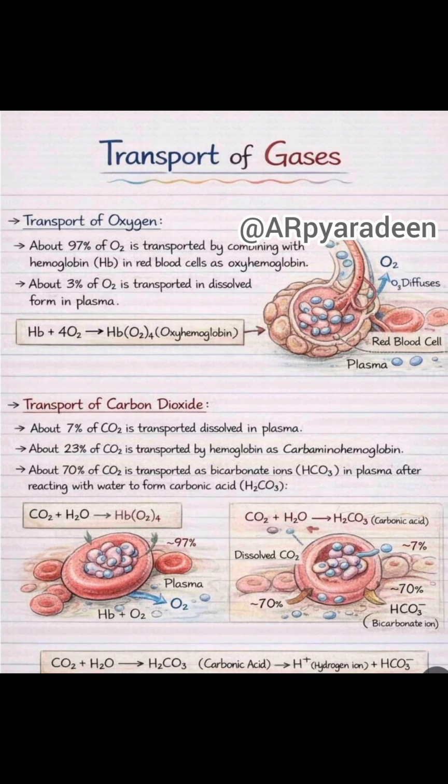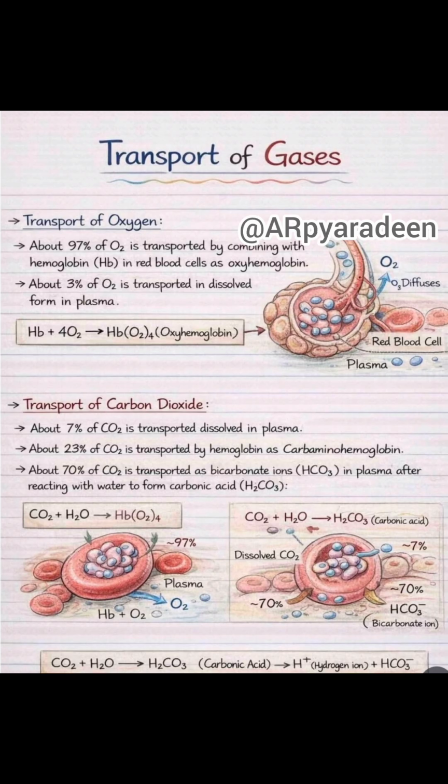At the tissue site, where partial pressure of carbon dioxide is high due to catabolism, carbon dioxide diffuses into blood, RBCs and plasma and forms HCO3 minus and H plus. At the alveolar site, where PCO2 is low, the reaction proceeds in the opposite direction, leading to the formation of carbon dioxide and H2O.